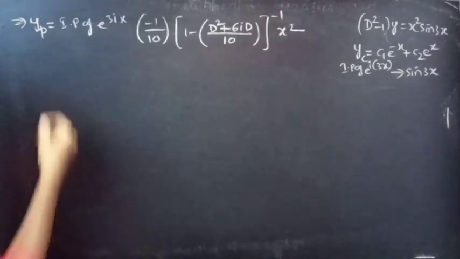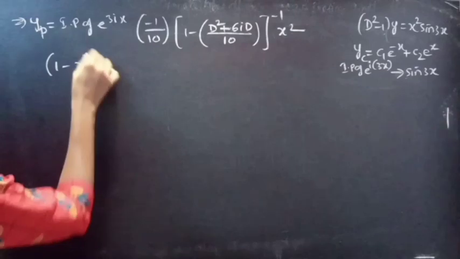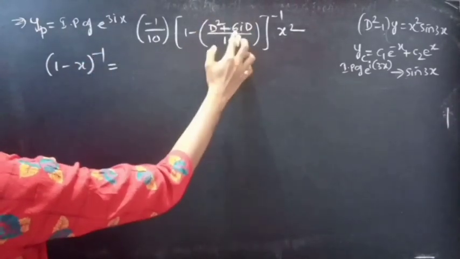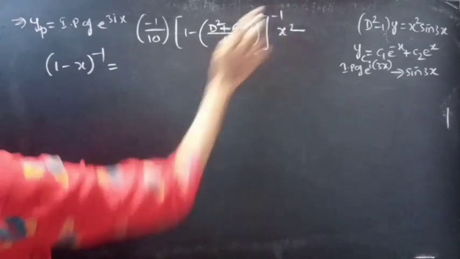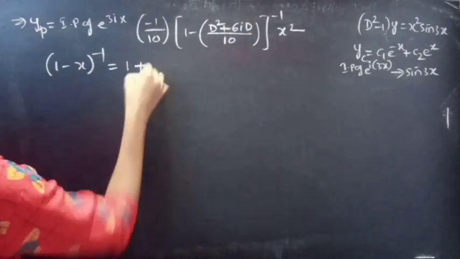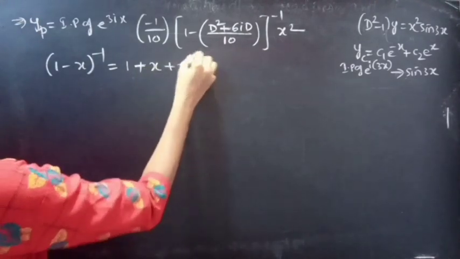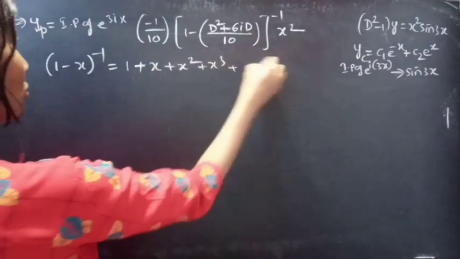Now we'll use the (1 minus x) inverse formula to expand (1 minus (D² + 6iD) by 10) inverse. So (1 minus x) inverse is 1 plus x plus x² plus x³ plus so on.